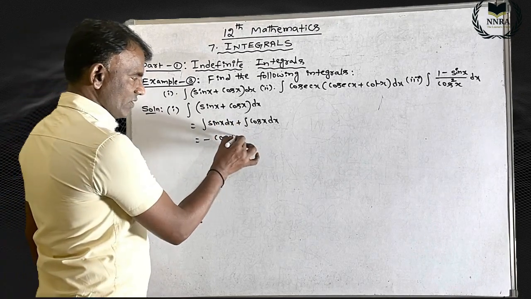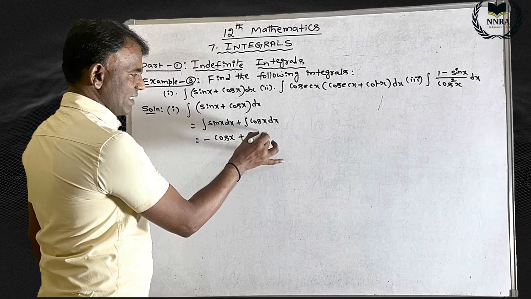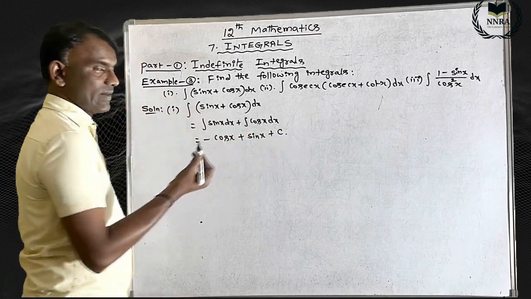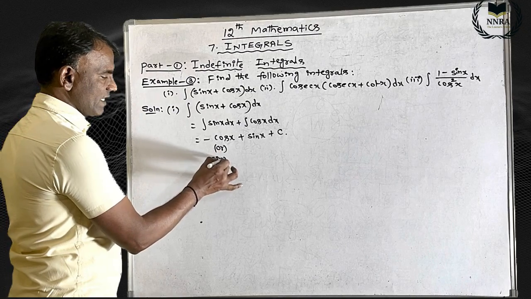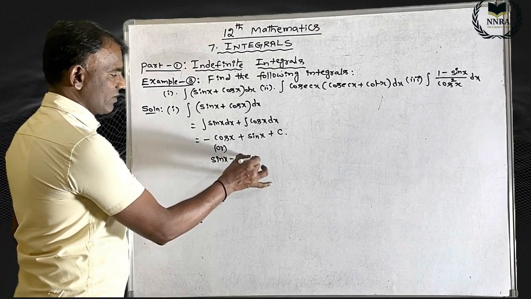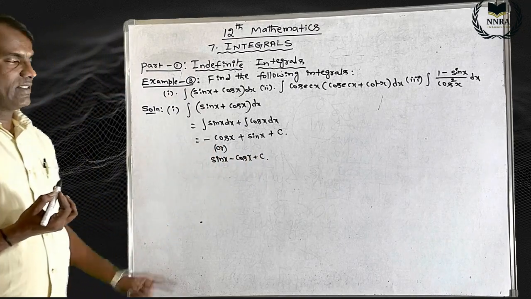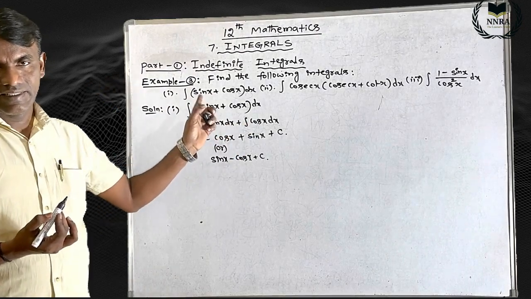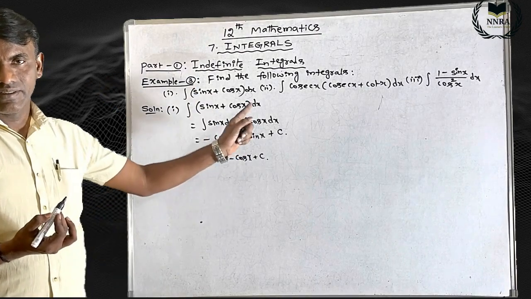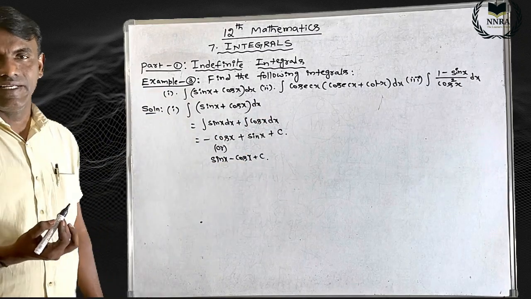And what is the integral of cos x dx? That can be written as sin x. Then the constant c. So our value can be written as sin x minus cos x plus constant c. This is a direct formula, this is also a direct formula. Integral sin x dx equals minus cos x, integral cos x dx equals sin x.